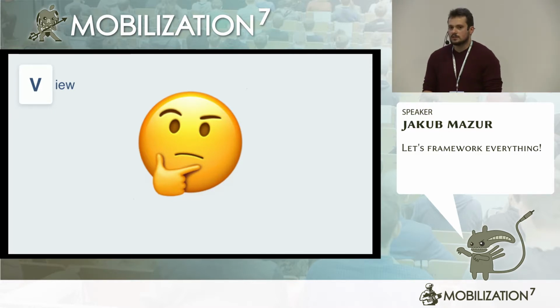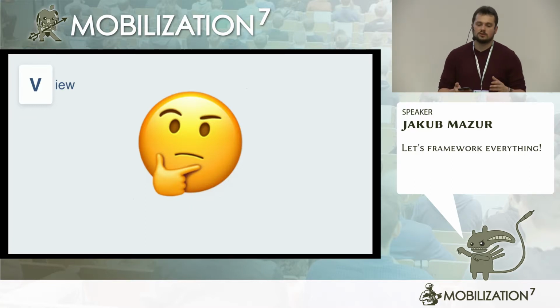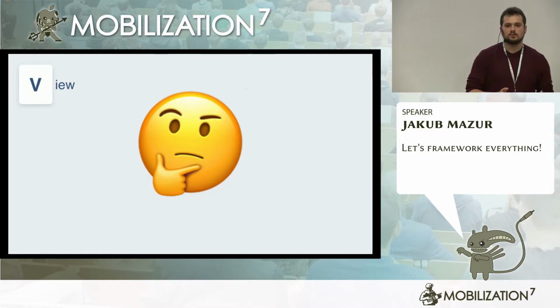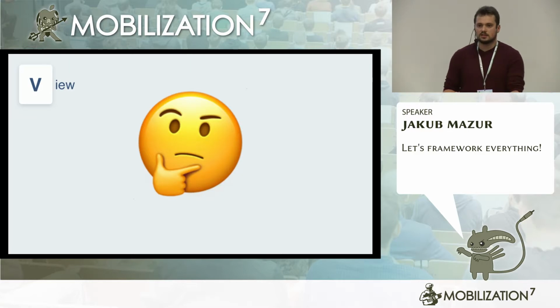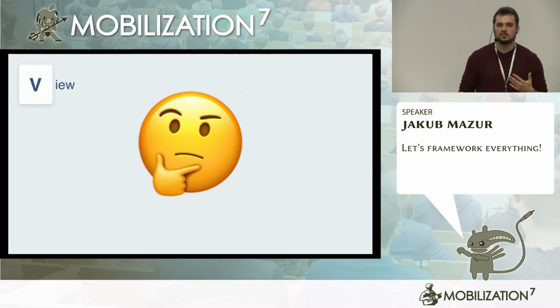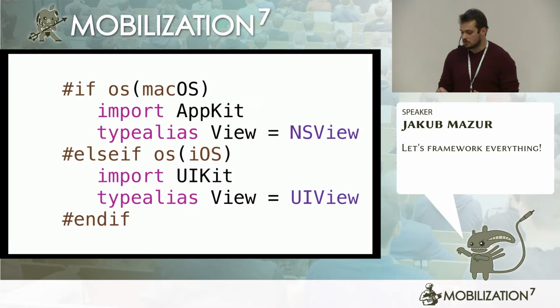So the thing is that if we want to build a cross-platform framework with views, it's really a point to make it. And I think in some cases it's really worth it, because imagine complex animation that you can do across all the platforms. That's pretty cool.